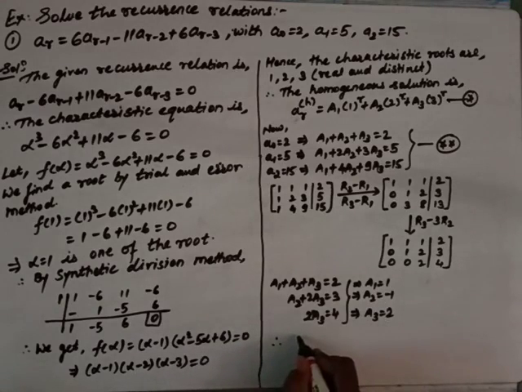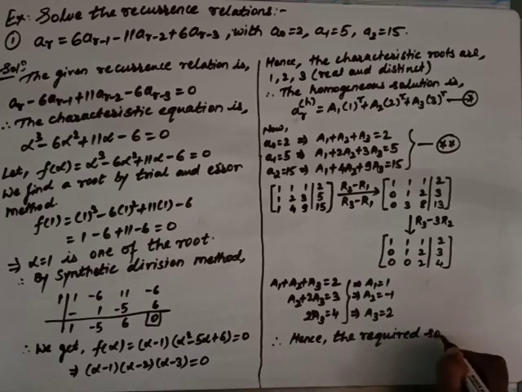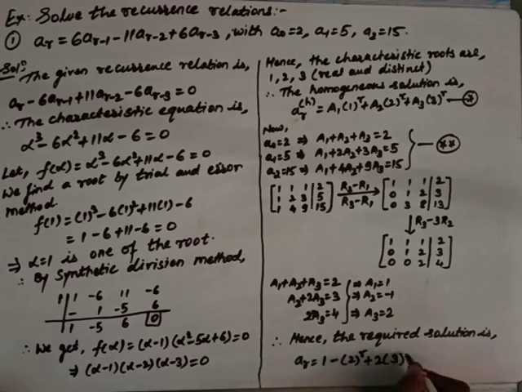Therefore our required solution is a_r is equal to 1 into 1 raised to r, so it will be 1, now minus 1 into 2 raised to r plus 2 into 3 raised to r.